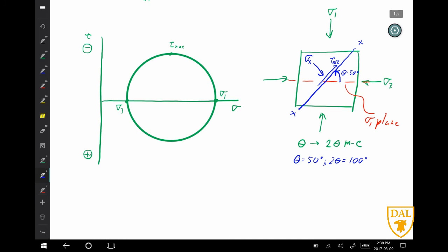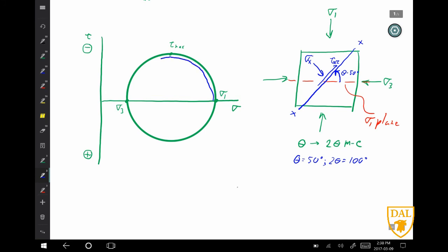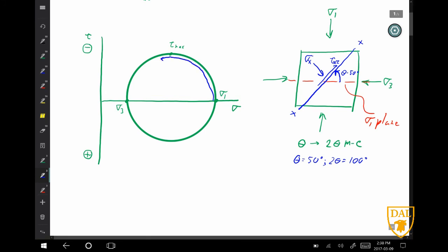So we go over to the Mohr Circle and we go 100 degrees from the sigma 1 plane in the counterclockwise direction. And I'm just eyeballing this in here. So forgive me a little bit of inaccuracy just to demonstrate the point.